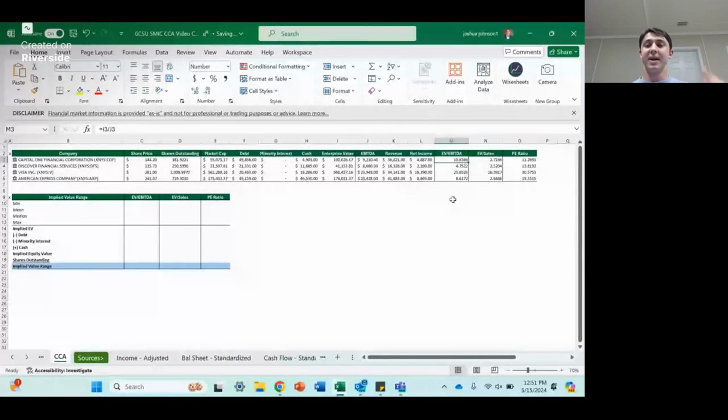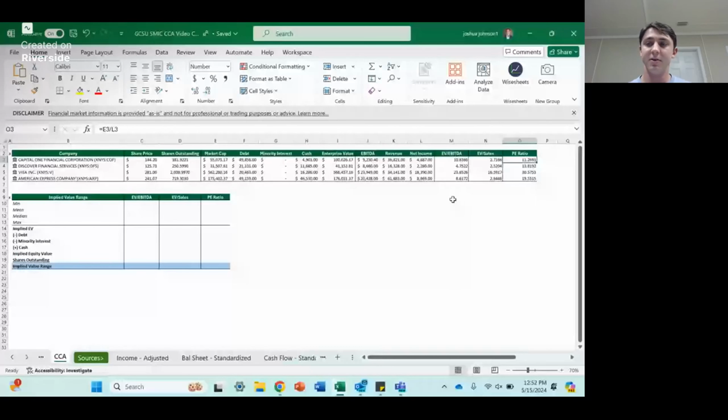What is the value of the entire company per dollar of EBITDA that's coming in? Well, Discover is about 10x EBITDA, right? Per dollar of sales that's coming in, they're about 2.7x of sales. And then PE ratio is a little different, but same idea: how much is their equity worth compared to their net income.